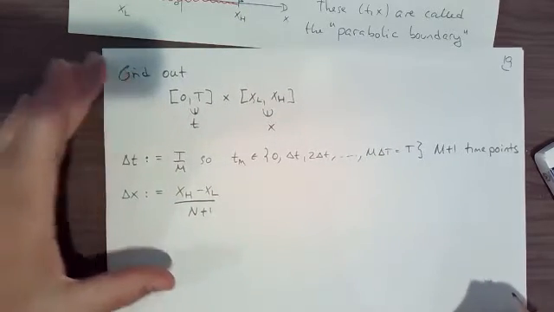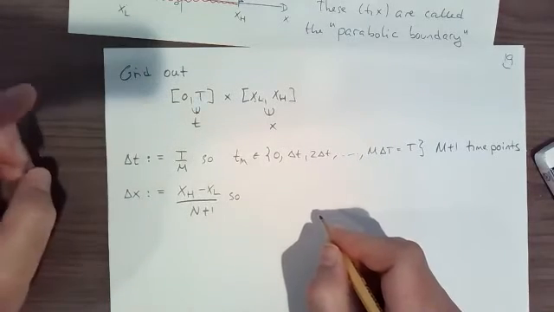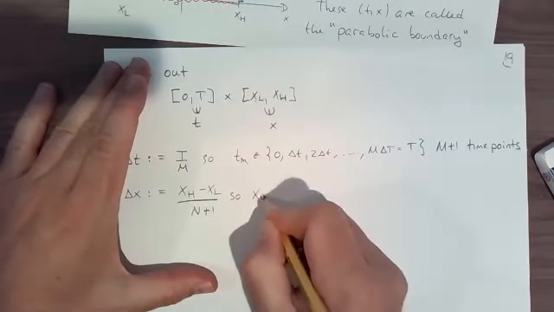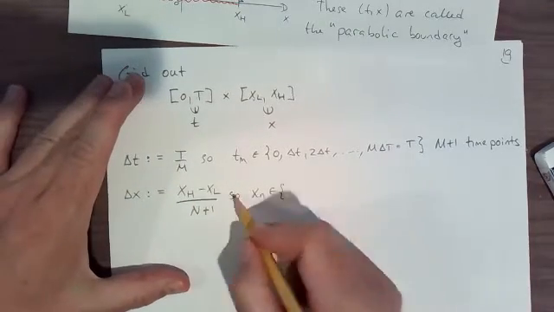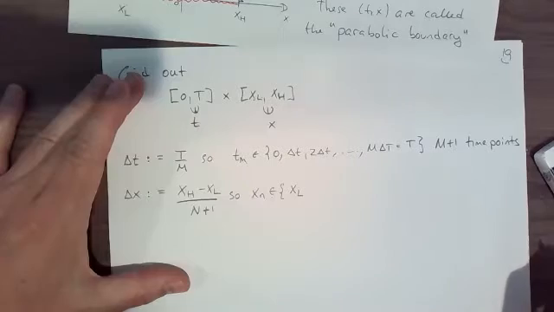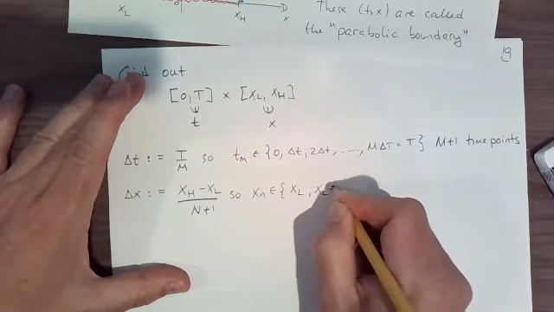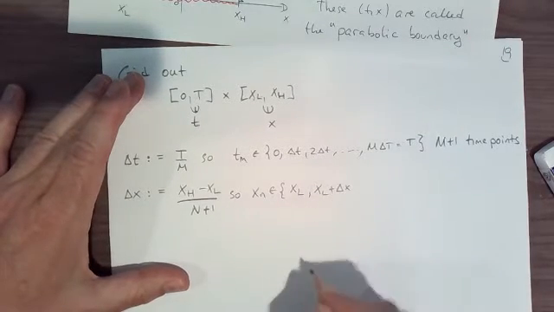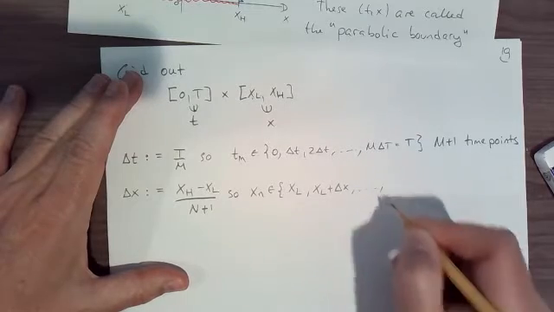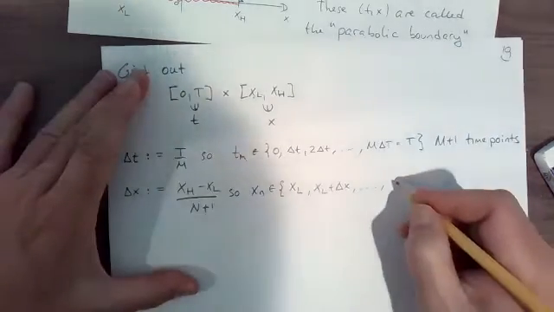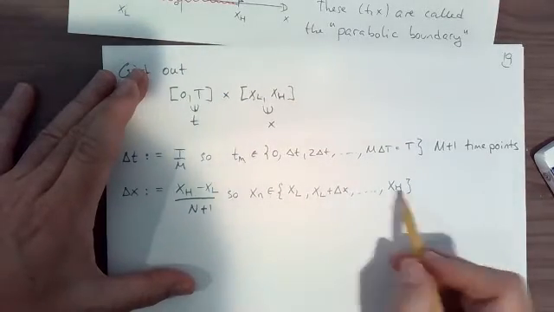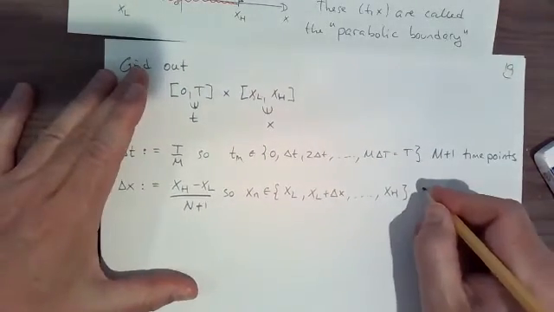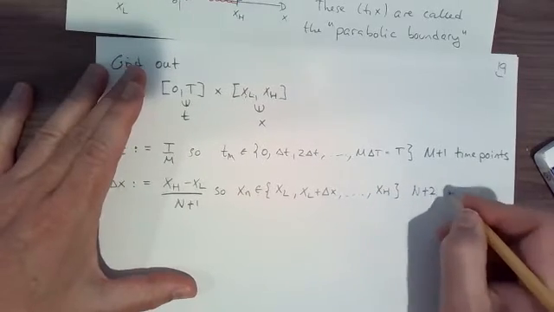Then my points x_n will belong to x_l, the lower point. Then it will be x_l plus delta x, and so on all the way up to x_h. So here we will have n plus 2 points. No, not time points, space points.